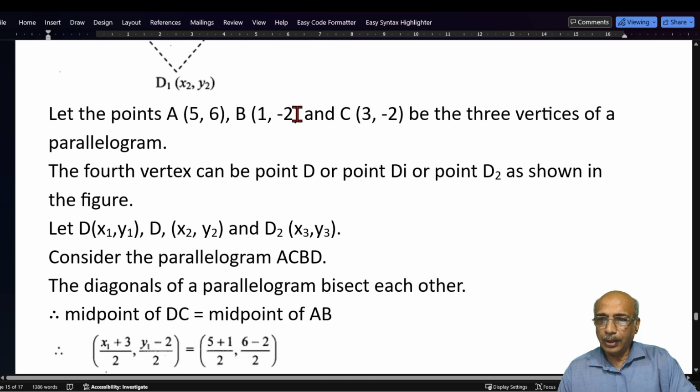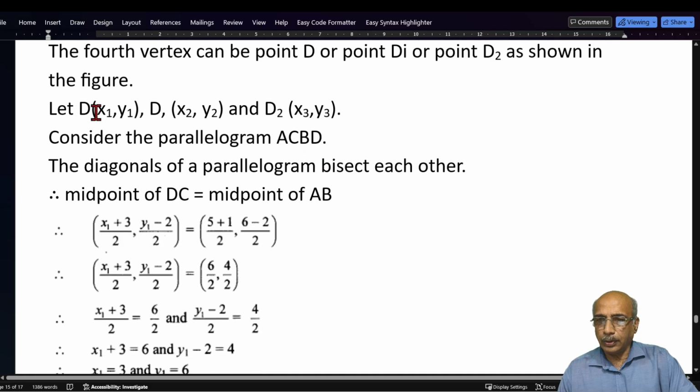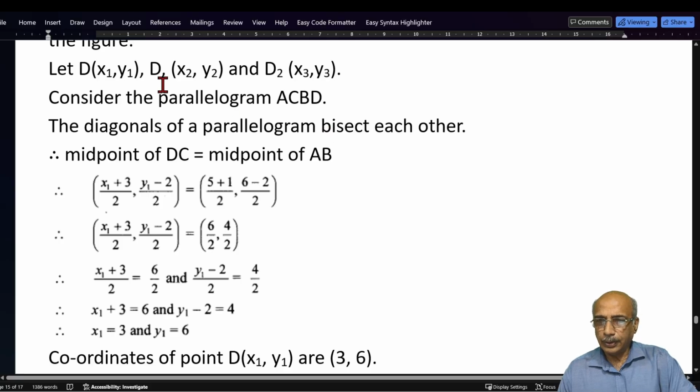So here let the points A, B, C be the three vertices of the parallelogram. The fourth vertex be D, D1, D2 as shown in the figure. So here are the coordinates. Let the coordinates of D be x1, y1, x2, y2 and x3, y3. This is D1 here. Consider the parallelogram ABCD.